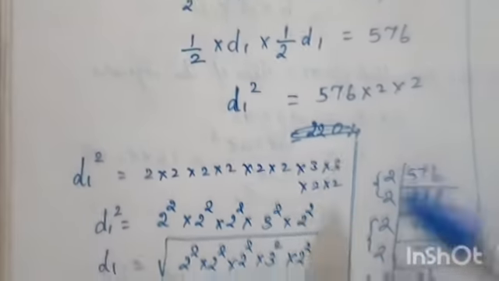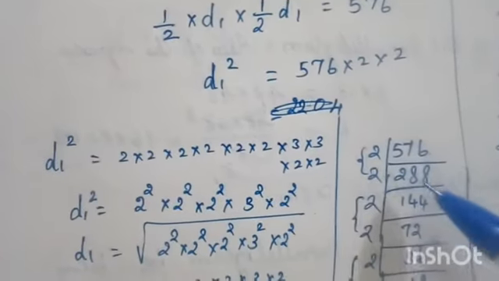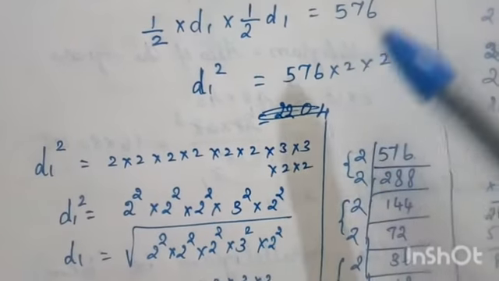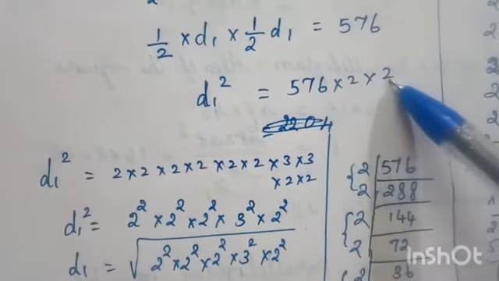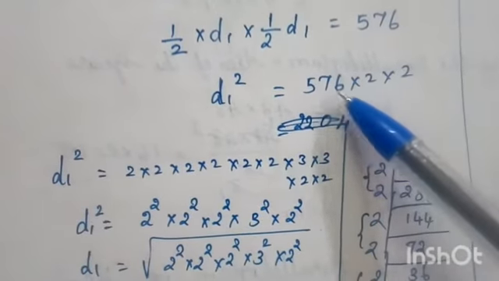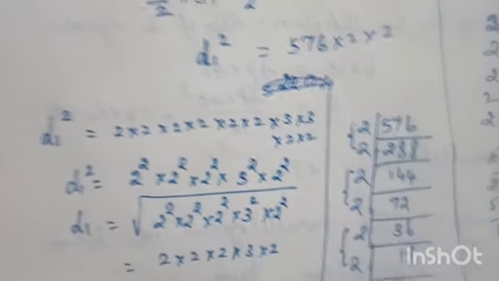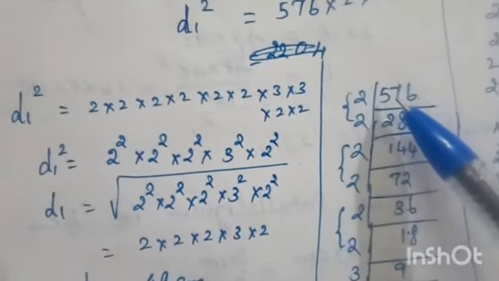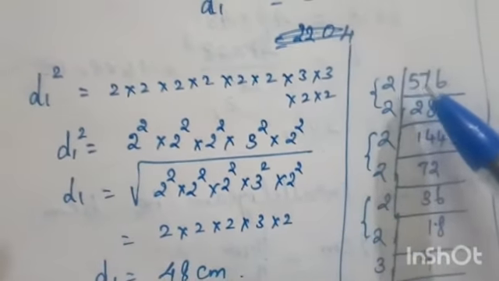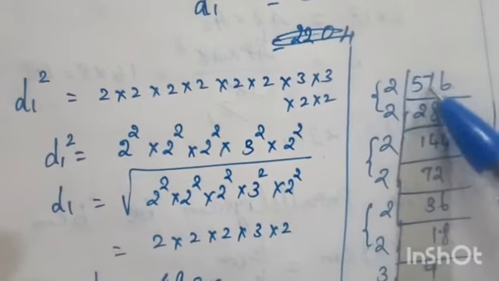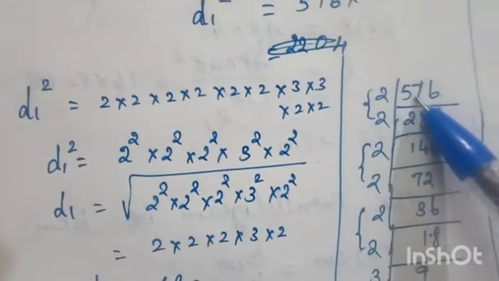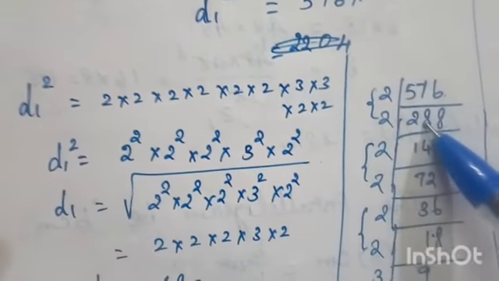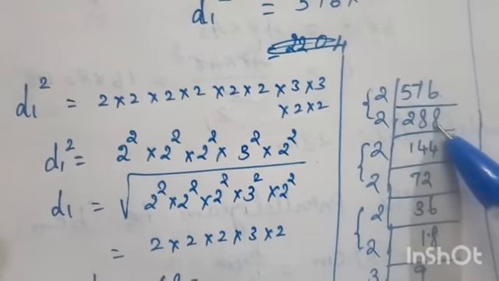Now you have to find the prime factorization for 576, like in the previous problem. For that you have to use only prime numbers. 576 divided by 2: 2 2s are 4, balance 1, that is 17. 8 2s are 16, balance 1. 8 2s are 16.